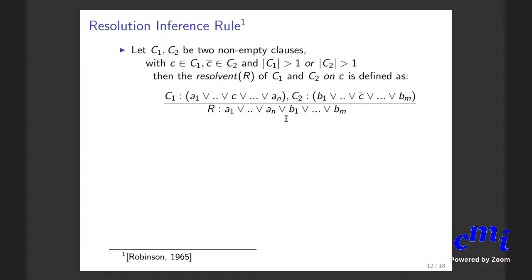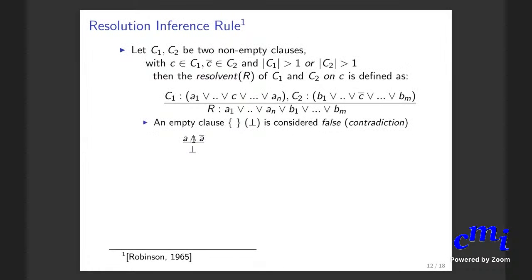We say this operation is resolving two clauses C1 and C2 in the variable C, and the result, the union of all the rest of the literals in the two clauses, is the resolvent. This simple operation, which can be automated, is what is called resolution, or to be specific, binary resolution.